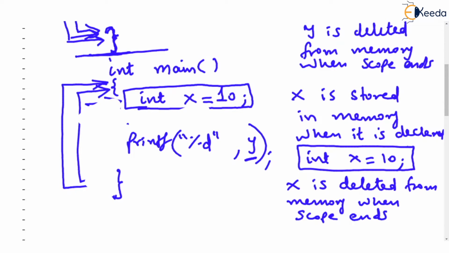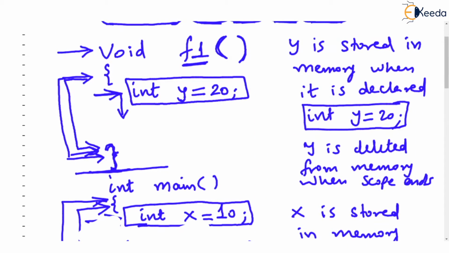You see, inside the scope of main, this line is going to give an error and the error will be y is not declared. You will wonder, I have declared y. Why is it giving an error? Y is not declared. I mean, you are correct. You have declared y, but you are using y at the wrong place. The correct place to use y is within the scope in which y is declared.